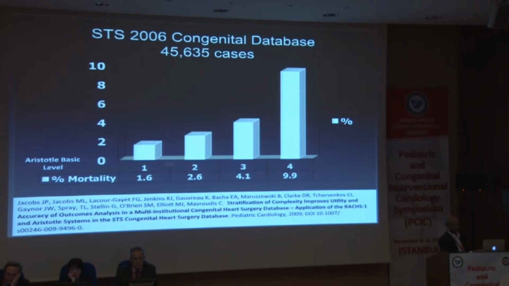And so, for example, as the Aristotle basic score increases, the mortality increases, but that gives you an indication of, for example, relatively simple surgical results with a mortality of 1.6%. As the Aristotle complexity score increases, the mortality for that population has increased to 9.9%. And you can then put your own unit results within that sort of information and obtain indications or data about your own unit performance.